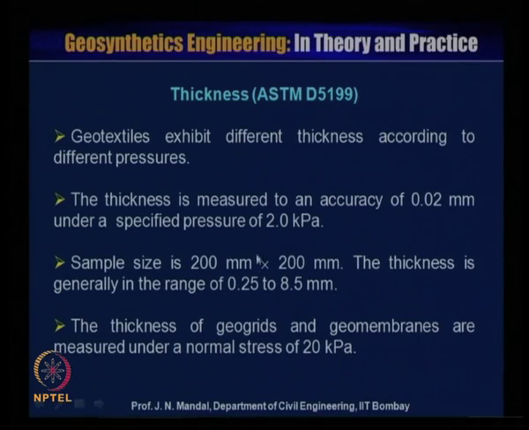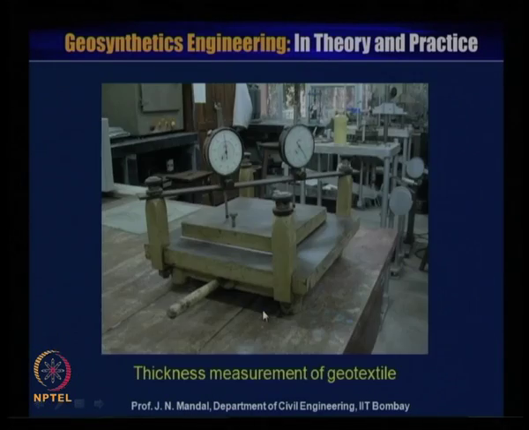So when you are measuring the thickness of woven and non-woven geotextile material, you apply a pressure of 2 kilopascal, but in the case of geogrid or geomembrane, you go to a pressure of 20 kilopascal.